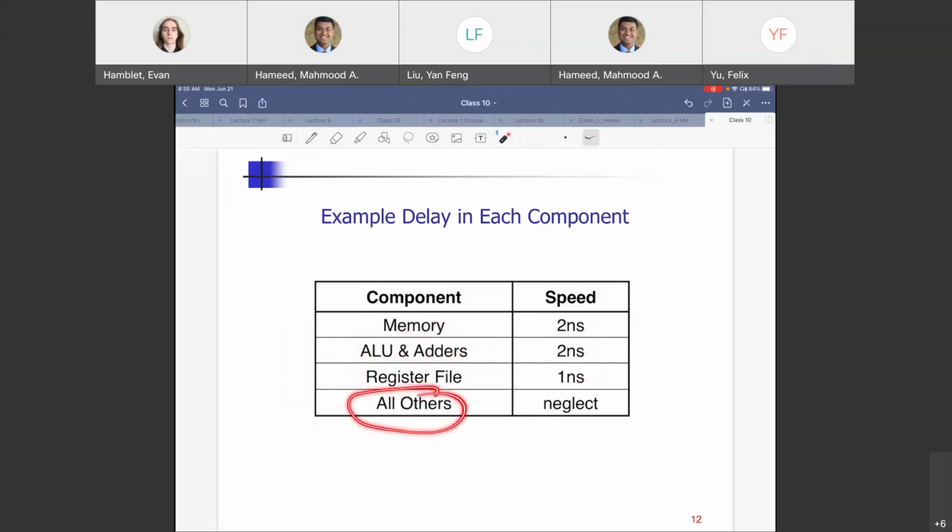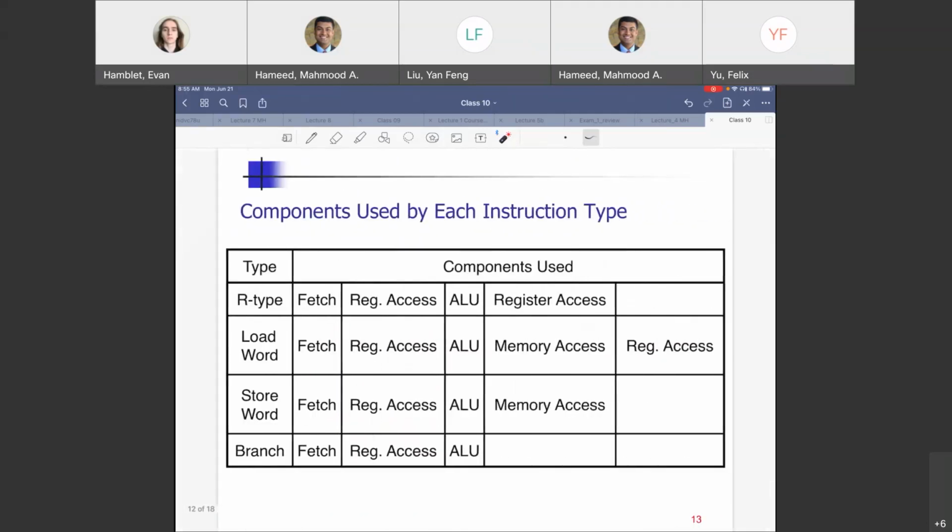And all the others, wire delay, muxes, are negligible. If we assume these component speeds, next we need to talk about how much delay is involved to support R-type, I-type, and J-type instructions.